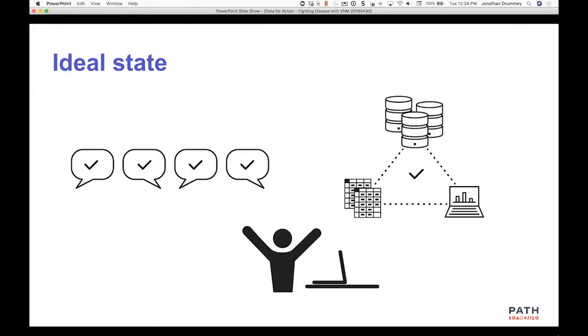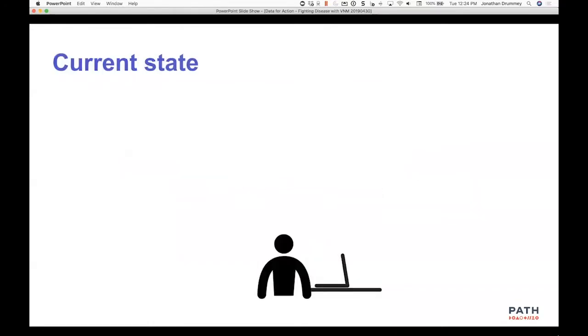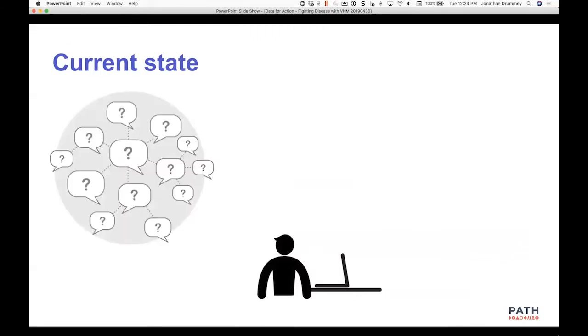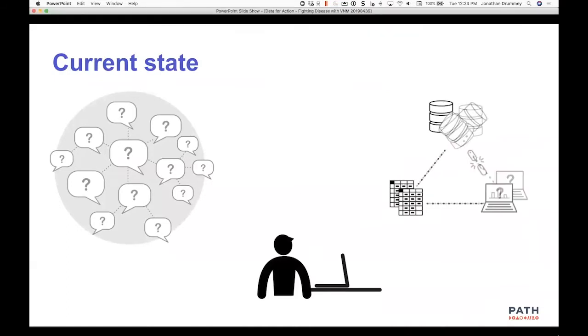I've used this set of slides a few times before, and I've asked this, and nobody has ever said, this is always the way things are for me. Very often, we have a set of questions, but then those questions connect to other questions, and they're not necessarily well organized, and our data is not necessarily well connected and interlinked.